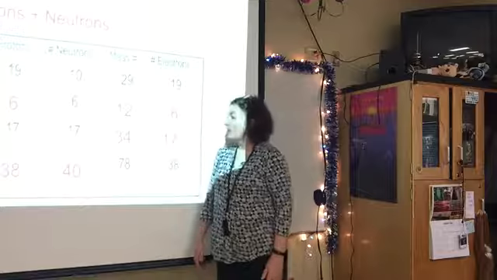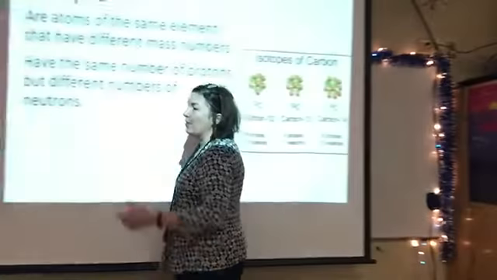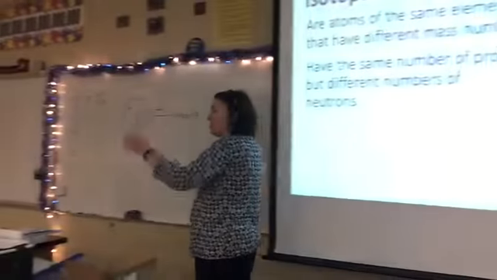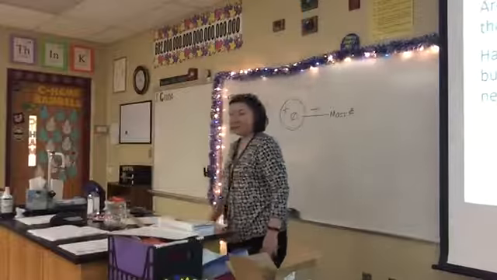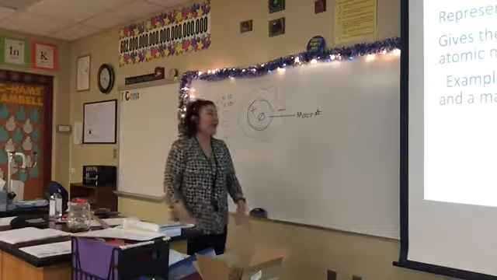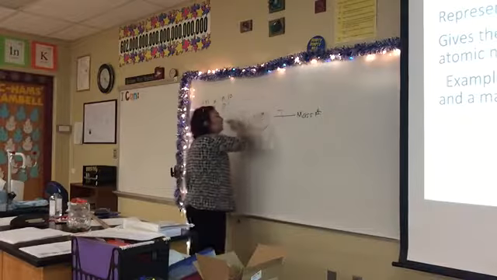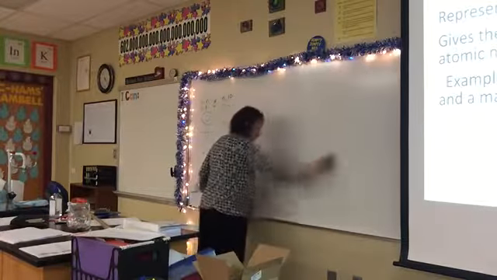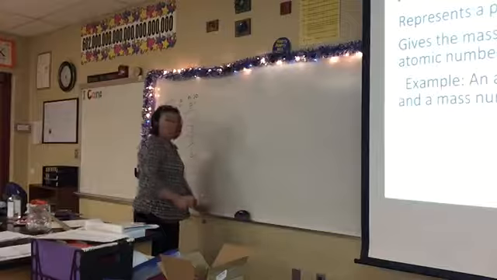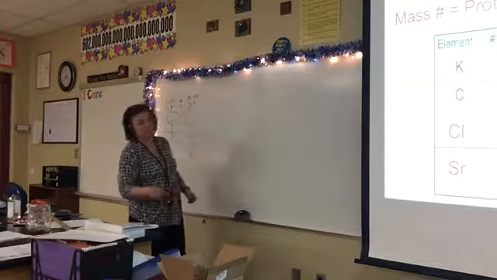Yes? Okay, now, talk about isotopes real quick. They have the same number of protons, different number of neutrons. We've been through this, haven't we? Yes? So, nuclear symbol. When you write a nuclear symbol, let's write one for a couple of these.